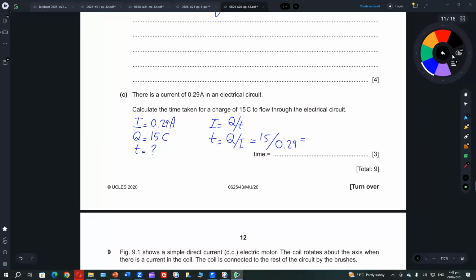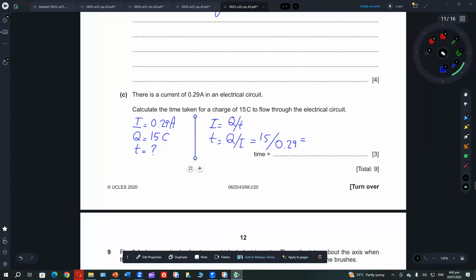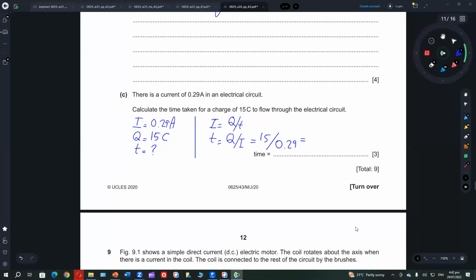So I have made the working. Just do it with me and make a partition. Whenever you are solving a question you should make a partition for clear understanding of the examiner.